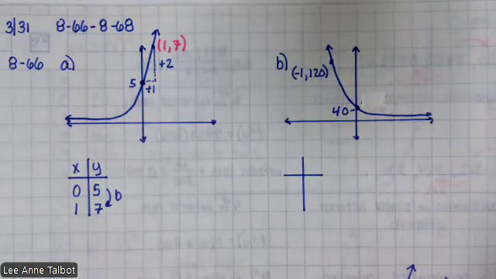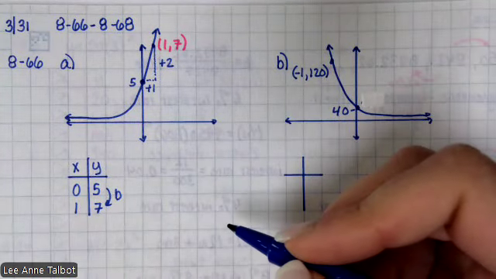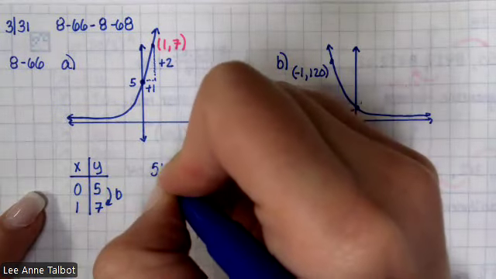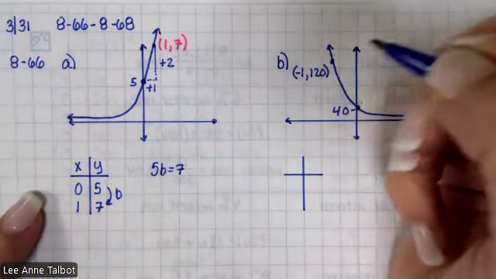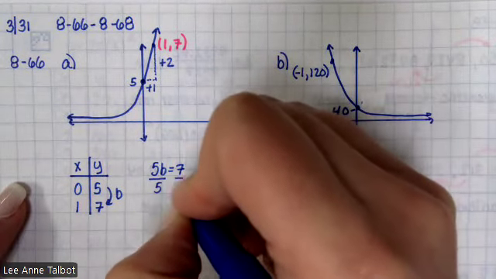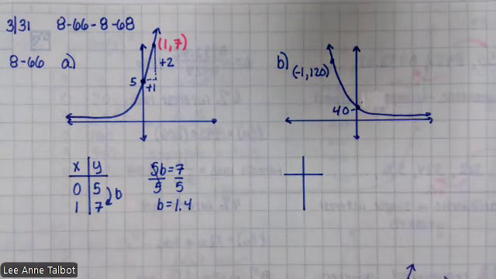Guys, please focus. Okay, now to find the multiplier, I say 5 times something is 7. This is going to be a weird one. Don't worry. 5b equals 7. Divide by 5. B equals 1.4.